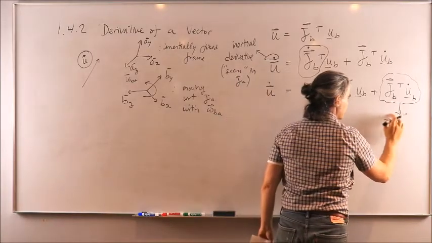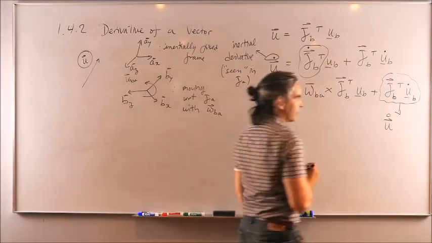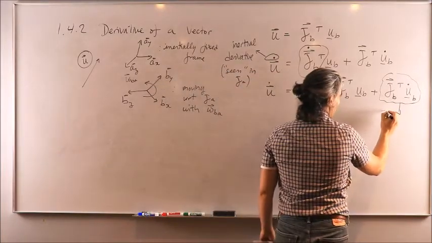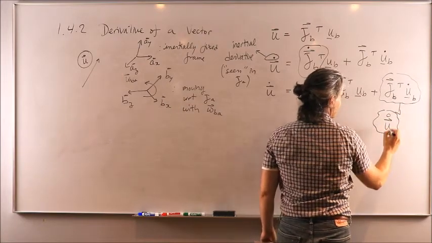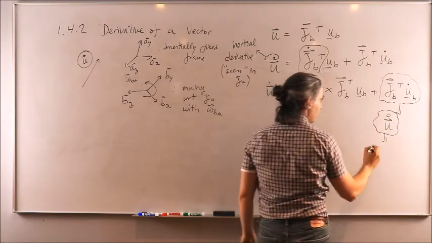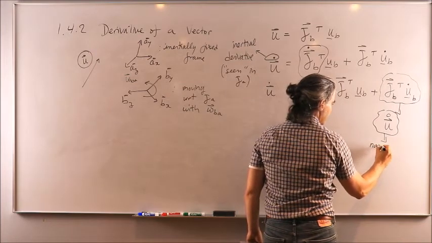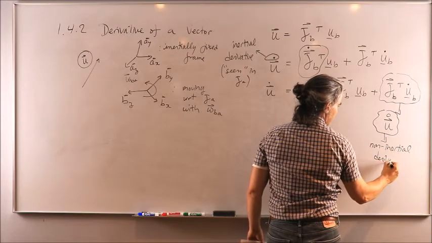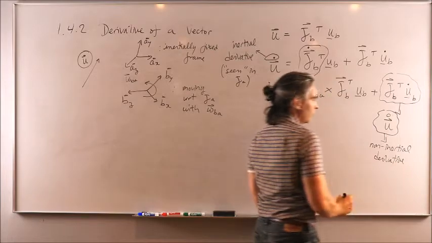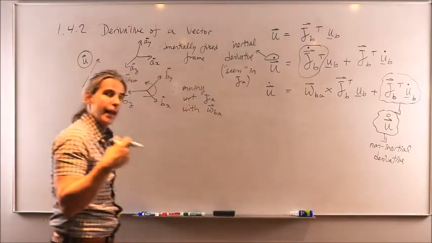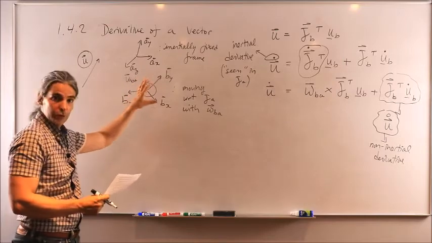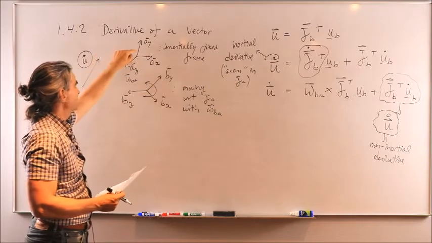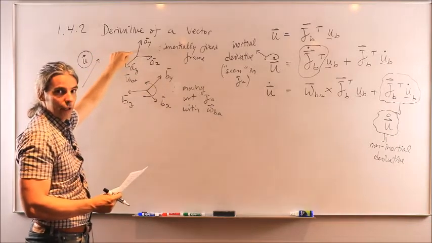So to make the distinction between both, we're going to use the hollow operator. Oh boy, another new tool. The hollow operator, by default, will always mean that this is a non-inertial derivative, or in other words, the derivative of a vector expressed in the moving reference frame, whereas the inertial derivative would always be expressed in the inertial reference frame, the one that isn't moving.